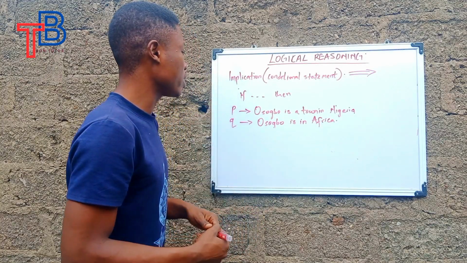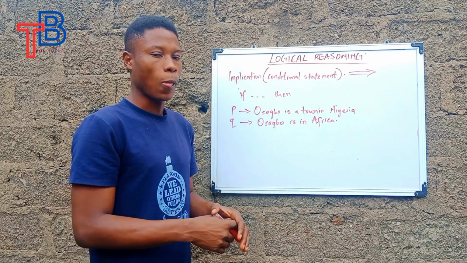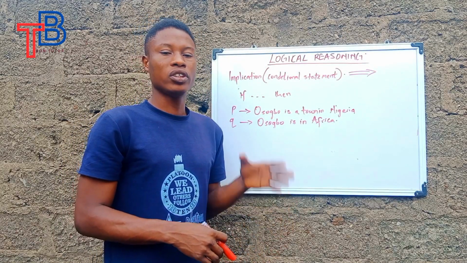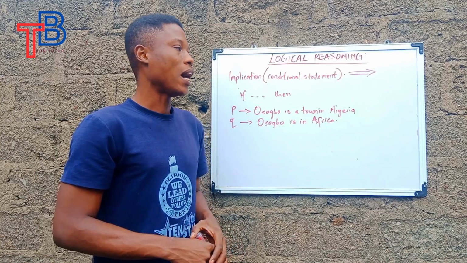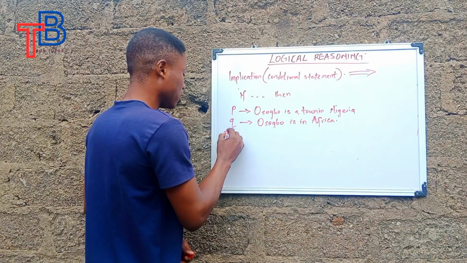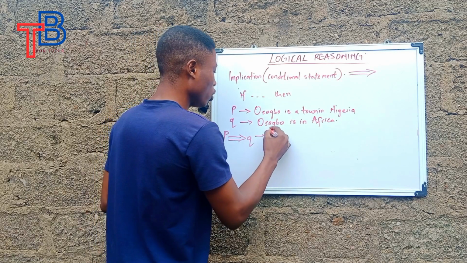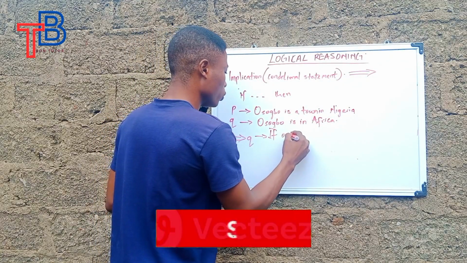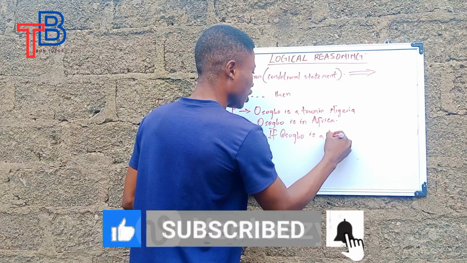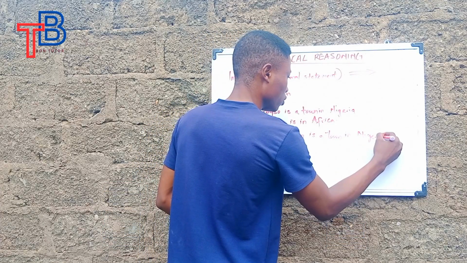And we have a statement here. The first statement says Oshogbo is a town in Nigeria, while the other statement says Oshogbo is in Africa. Those are the two statements we have here today. If you want to write the conditional statement of these two, P in condition with Q says: if Oshogbo is a town in Nigeria, then Oshogbo is in Africa.